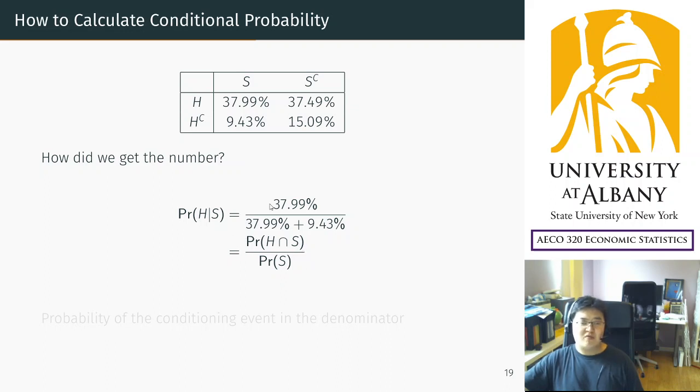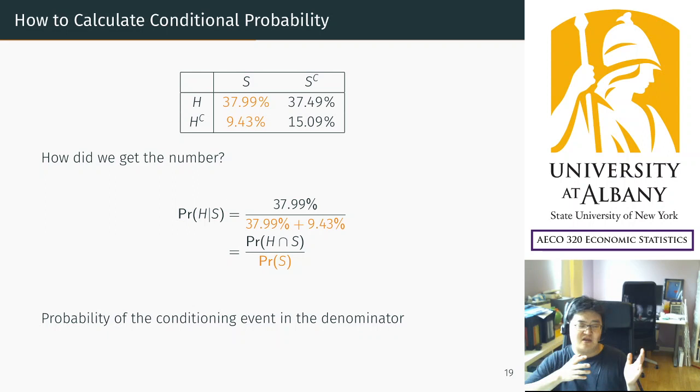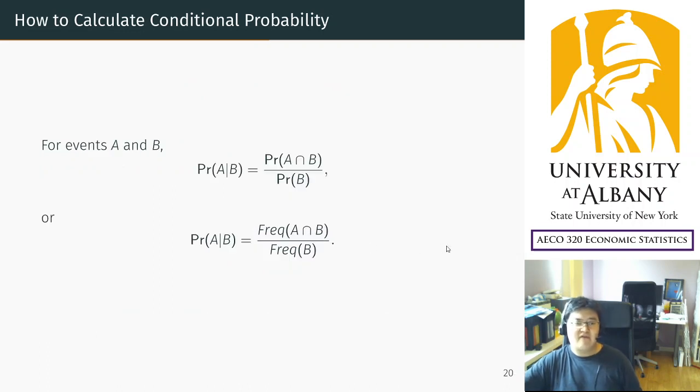So we may write 37.99% as this event, so this part, and the sum of these two probabilities implies the probability of S. And you may understand this denominator as the probability of the condition, right? I explained it in the previous slide. So that's how we interpret this formula, and we have another formula for the conditional probability.